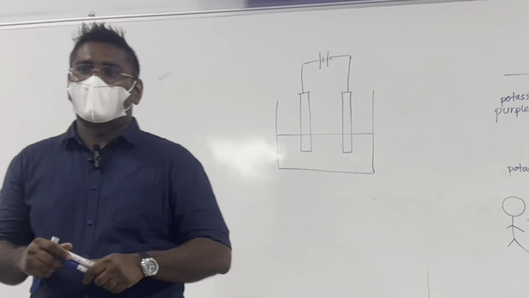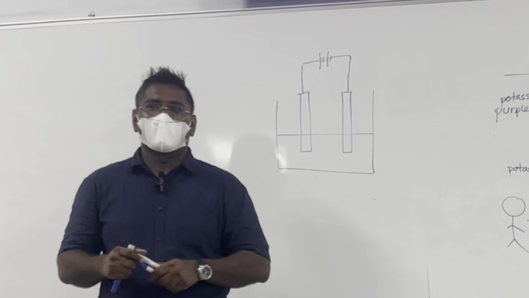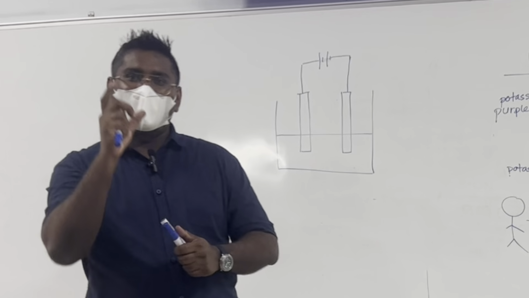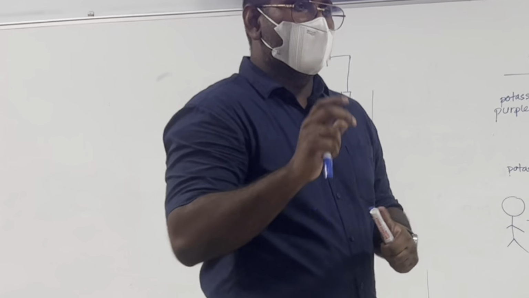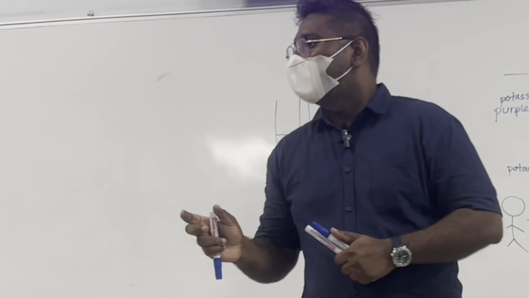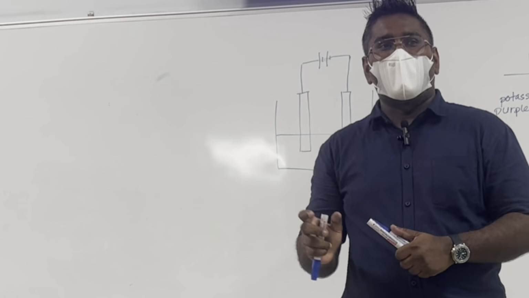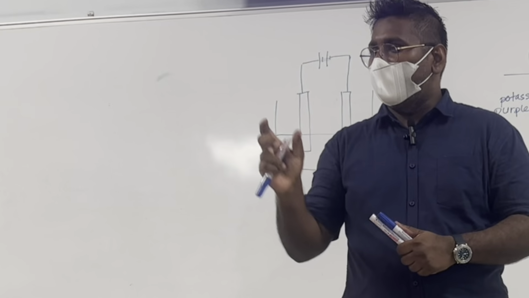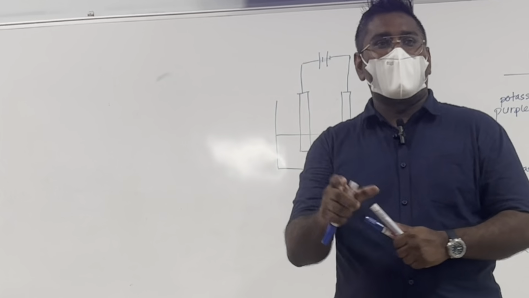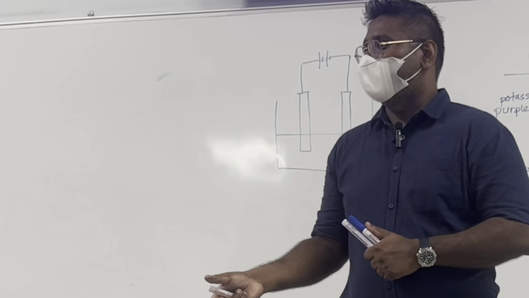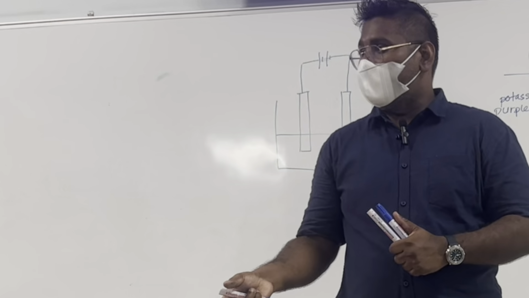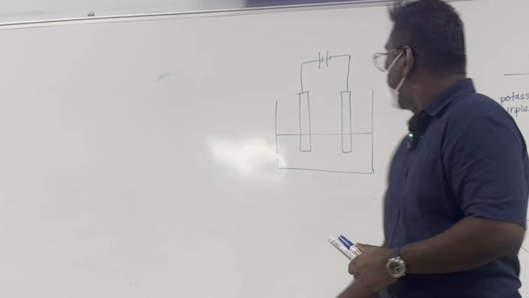In IGCSE you have already learned this, maybe you didn't pay close attention to it. The meaning of electrolysis: electro means electricity, lysis means breaking down. Breaking down using electricity. It means that electrolysis must have a battery.